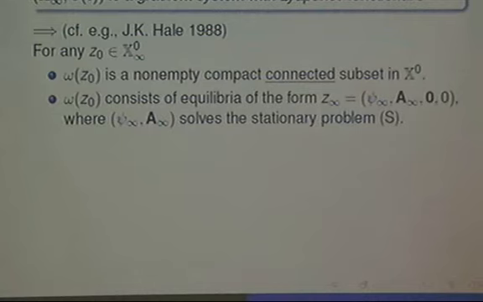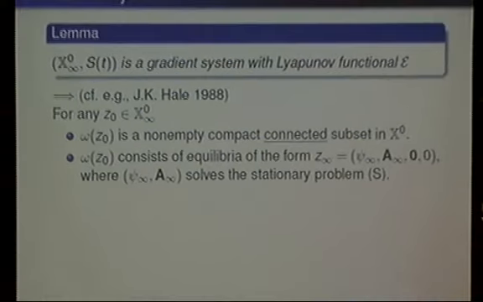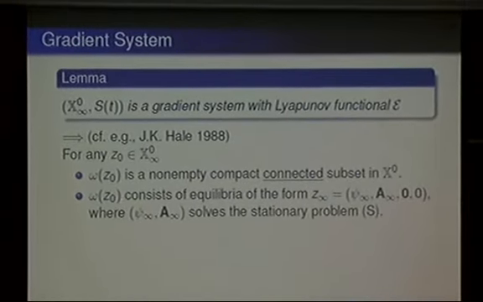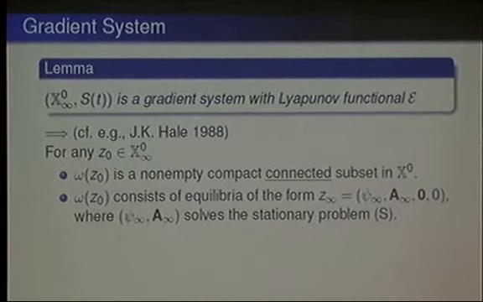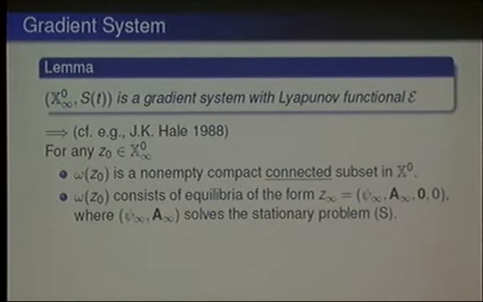So based on the pre-compactness and the existence of the Lyapunov functional, we can say that our system is a gradient system. And from the well-known result by Jack Hale on dynamical systems, we can see that for any initial data in the phase space, its omega limit set is non-empty, compact and a connected subset in the phase space.